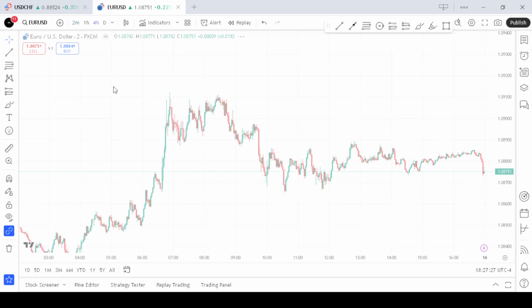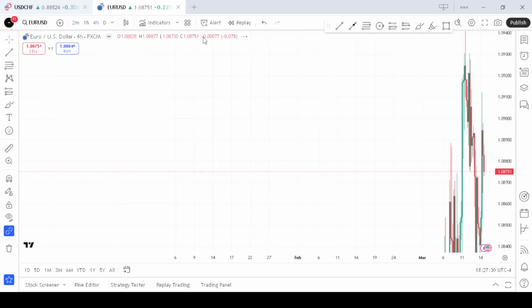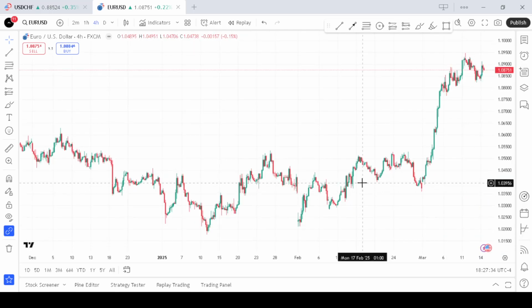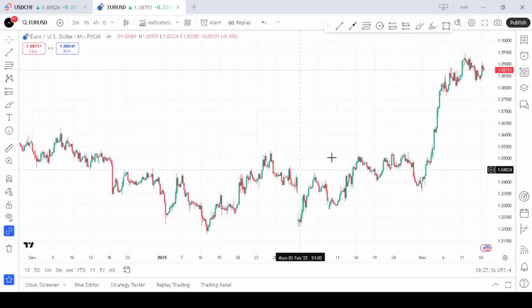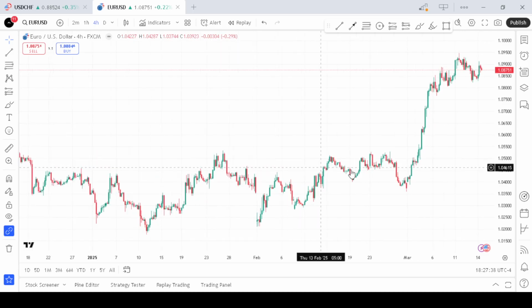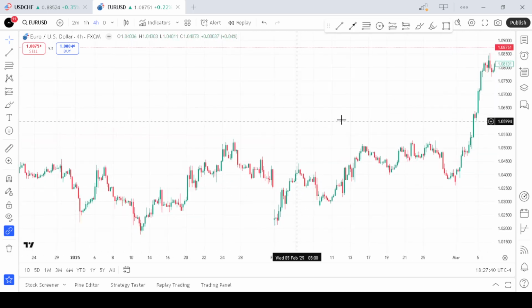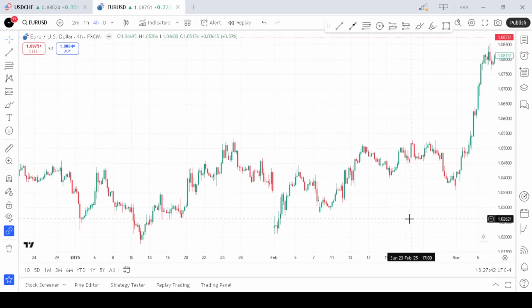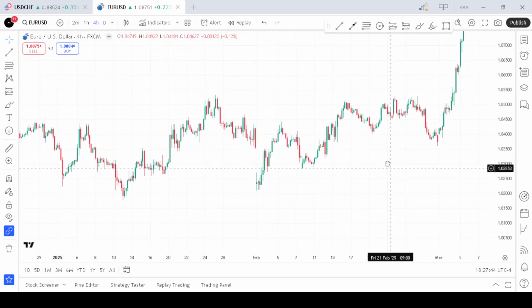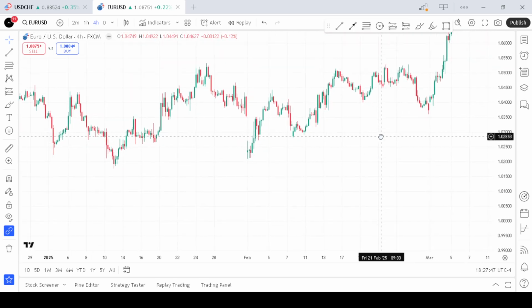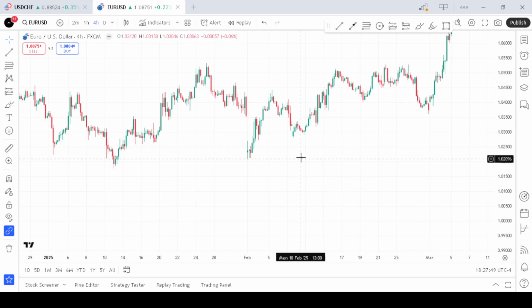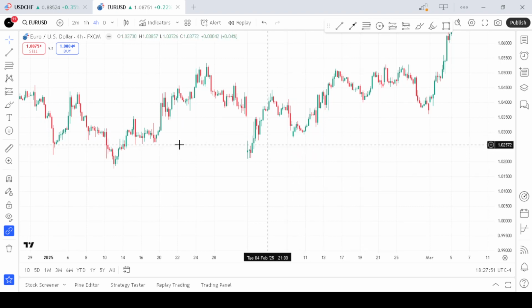To use your Fibonacci retracement tool on your Forex chart, all you need to do is to identify a significant price move, either to the upside or to the downside. Once you have found this move, you draw your tool from the start of the move to the end of the move.